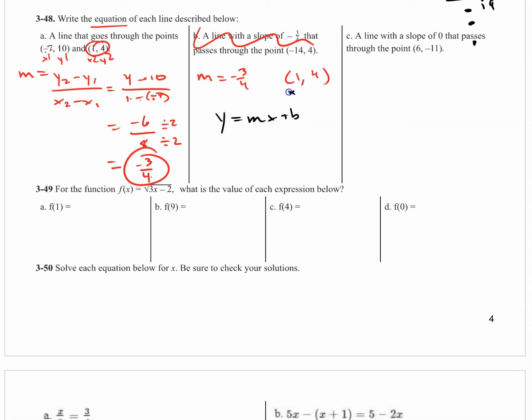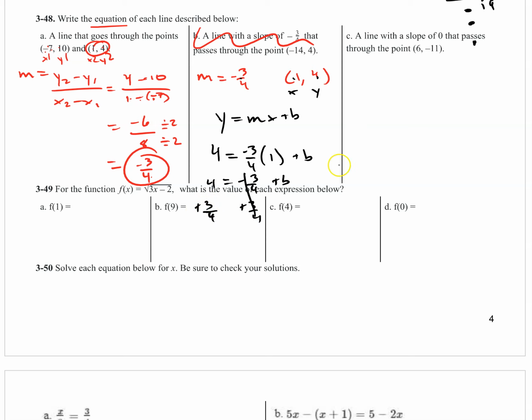This is our slope, this is x, this is y. So we've got 4 equals negative 3 over 4 times x, which is 1, plus b. Leave b, b. Negative 3 over 4 times 1 is just negative 3 over 4. And then we add 3/4 to each side.